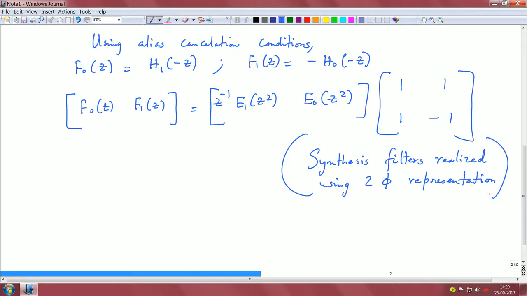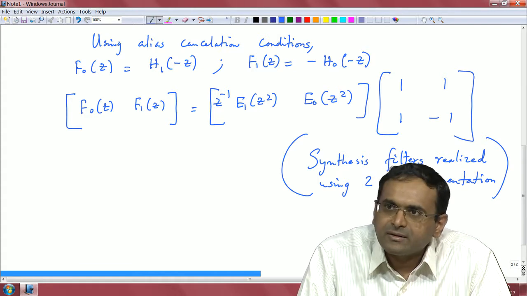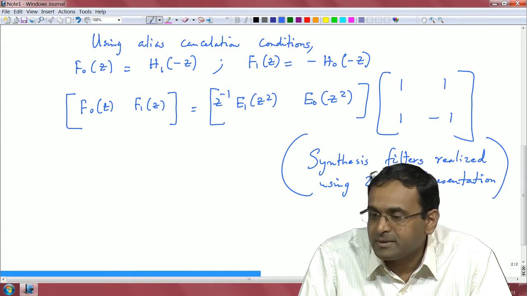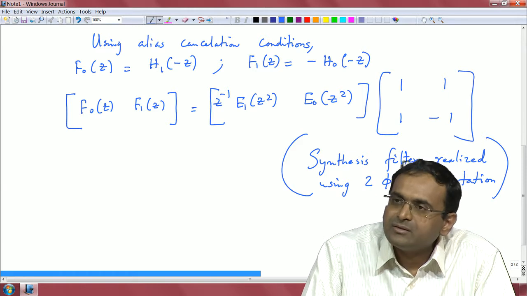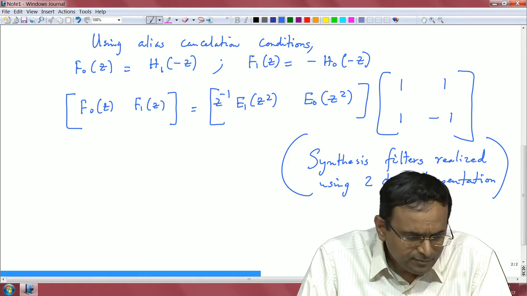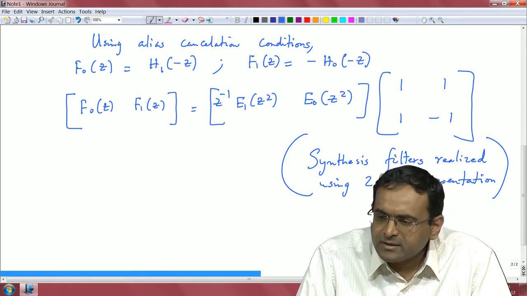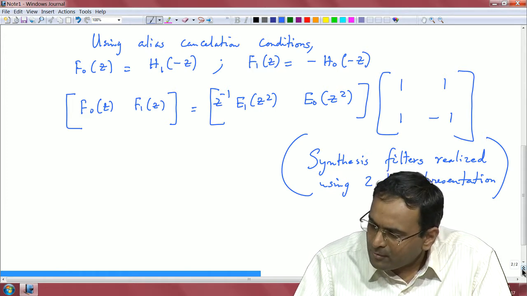Okay. So, we have both the analysis and the synthesis filters that can be realized using polyphase representation, and we will see this is going to be very useful for us, because when we have to do multi-rate operations and realizing these filter banks through possibly generalizations from 2-phase to M-phase, then we will find these representations very useful. And one of the things that you might have noticed is the form of representation, right?